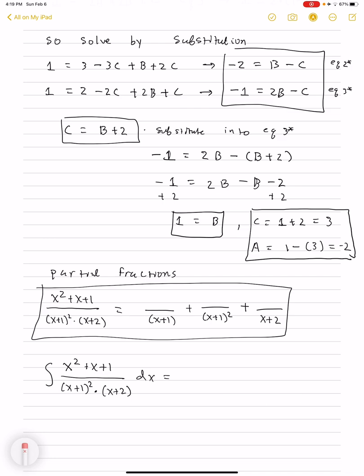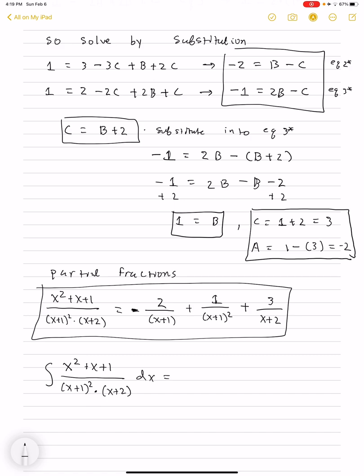a is negative 2, so I'll put the negative part out in front, then there'll be the 2. b is 1, and c is 3.